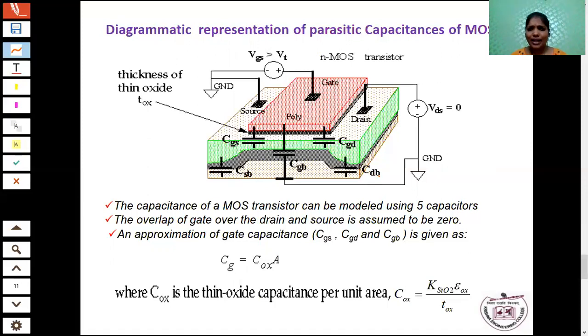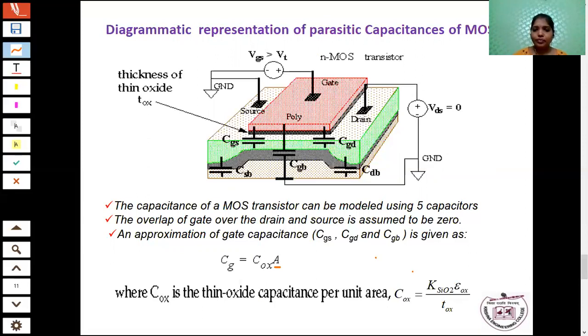It forms a capacitor-like structure, with two plates separated by a dielectric medium. So CG is nothing but COX into A, where A is the area of the material, which is length and width. COX is the thin oxide capacitance per unit area, given by COX equals epsilon OX by TOX.